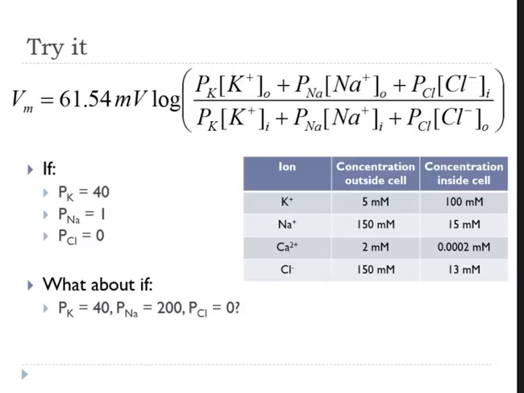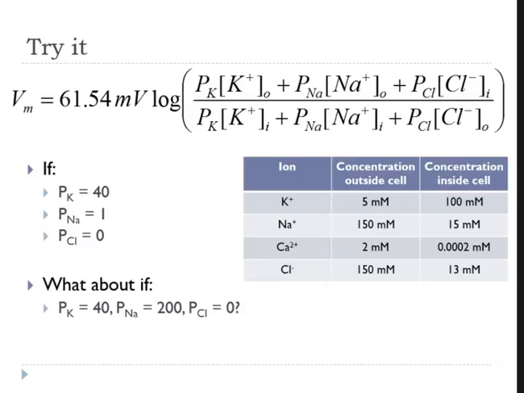So we've shifted the charge. This is a massive swing in membrane potential, despite the fact that the concentrations didn't change at all, right? The only thing that's different is now sodium is 5 times as permeable as potassium, whereas before it was a 40th as permeable as potassium. So we did a massive increase in sodium permeability.